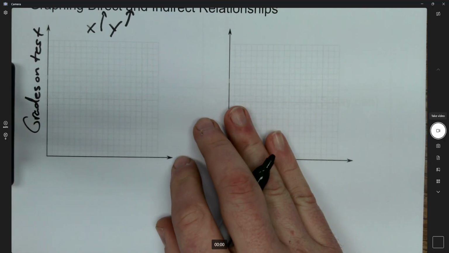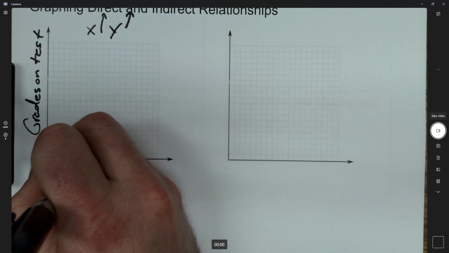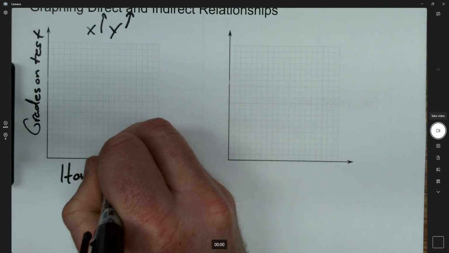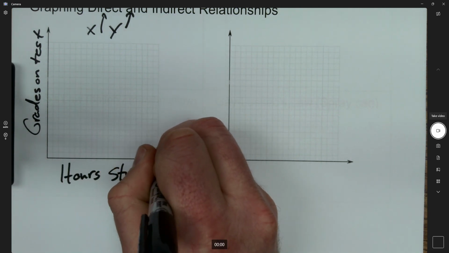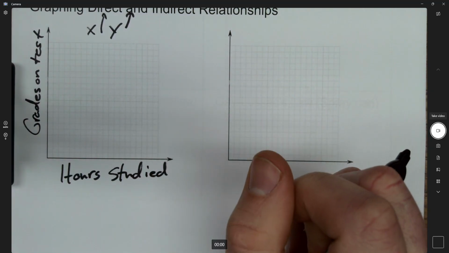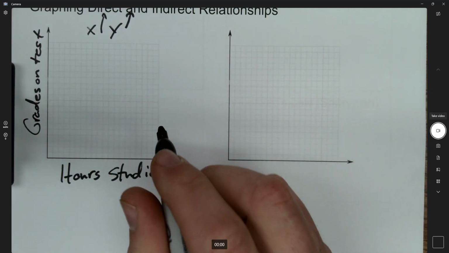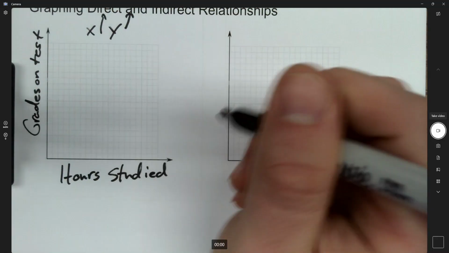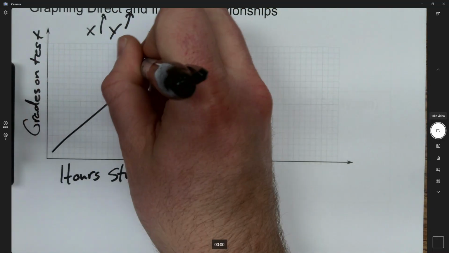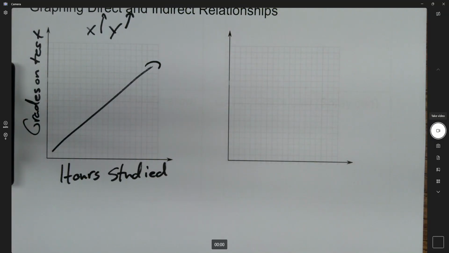My y-axis is the grade on the test, and my x-axis is the hours I studied for said test. The less I study, the more likely I am to fail my test, but the more I study, the higher my grade is. Therefore, as one goes up, so does the other. This is my example of a direct relationship.